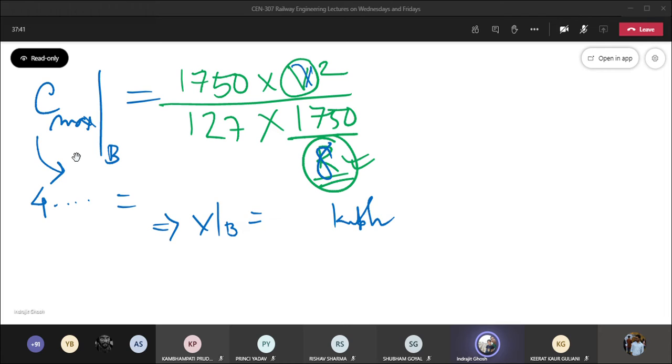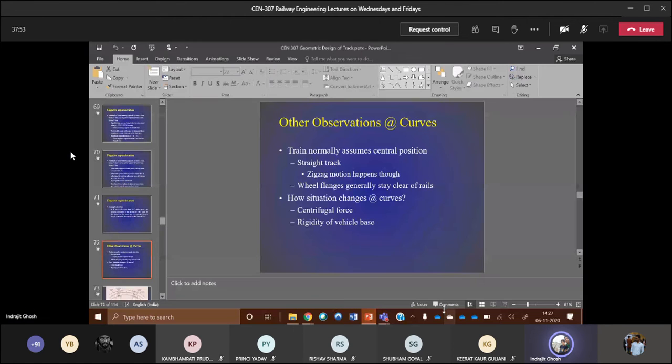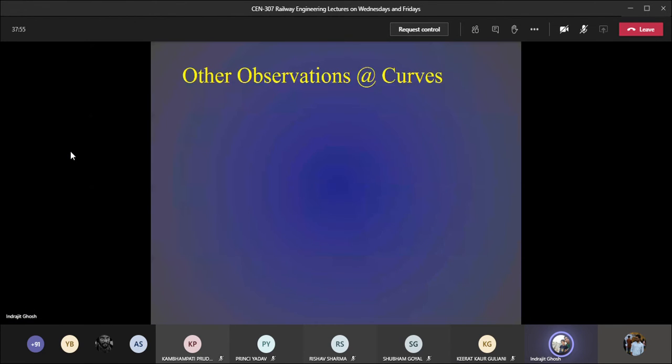Okay, so now again I'm coming back to the slides. Now in case of curve, we are discussing super elevation. We have some other observations as well, which you have seen earlier: coning of wheel, curve resistances.